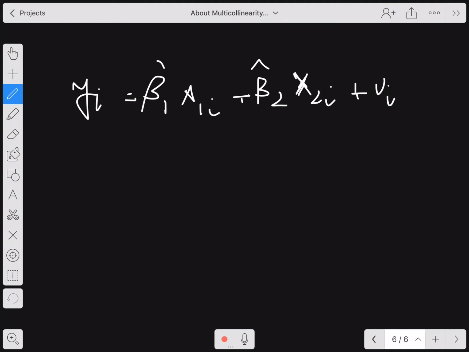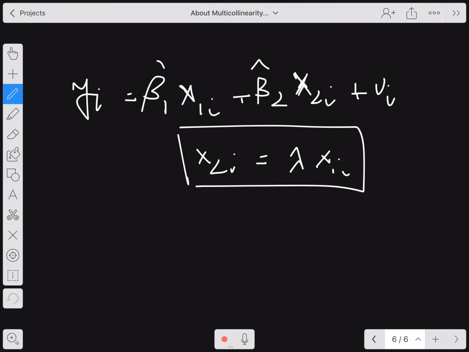If I have perfect collinearity, in which, as we said, x2i is equal to lambda x1i, there is no way I can estimate, for example, the effect of x1 on y holding x2i constant. Anytime x1 changes, so does x2i by the factor lambda.